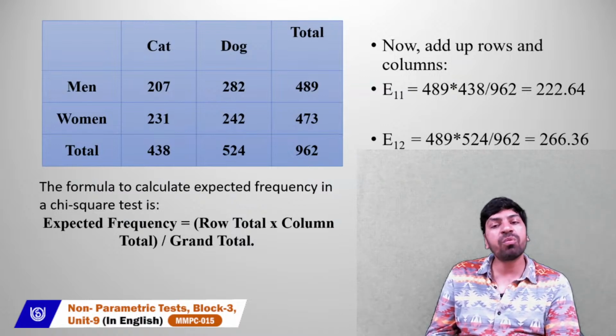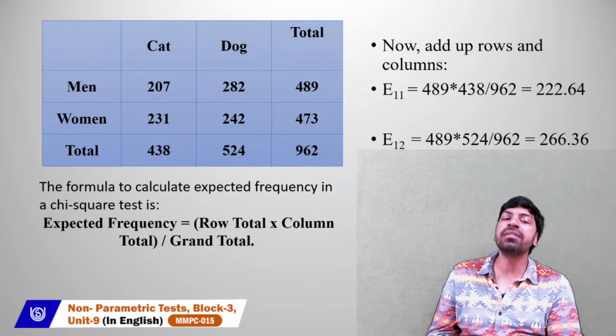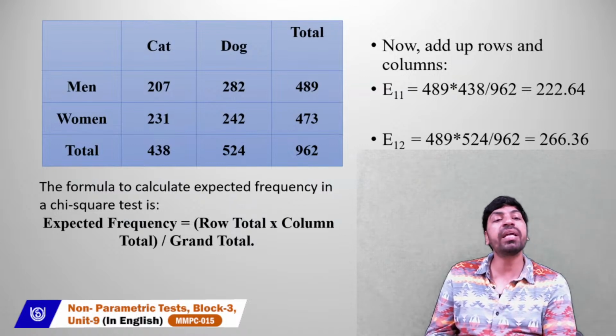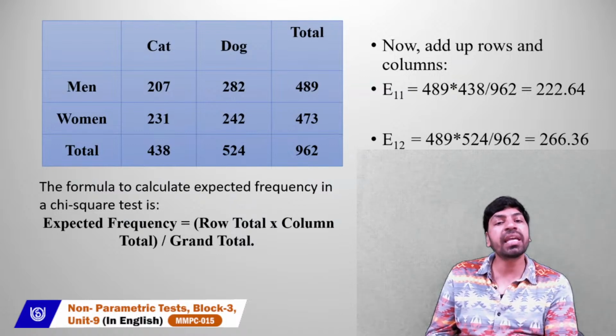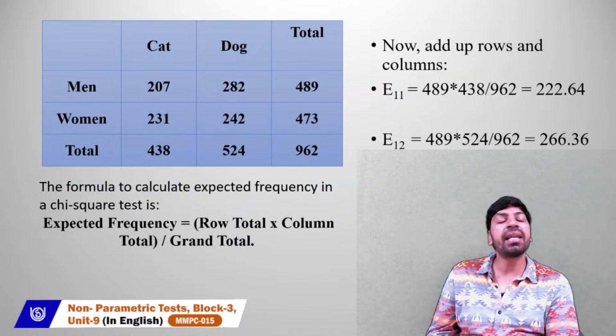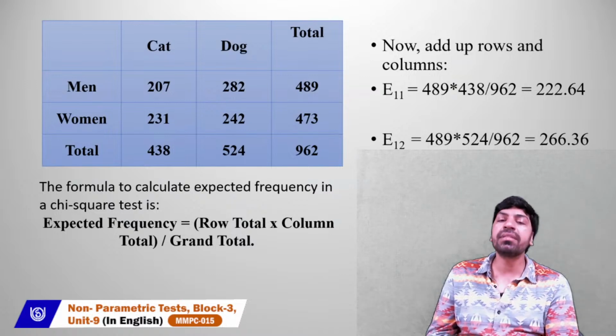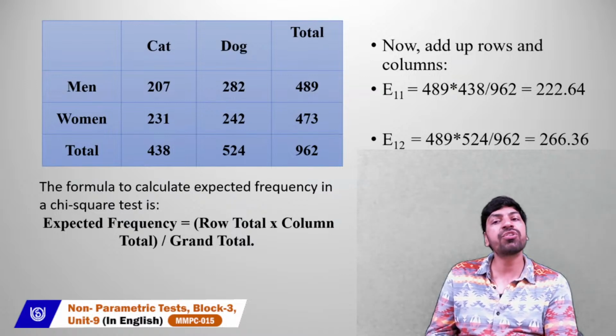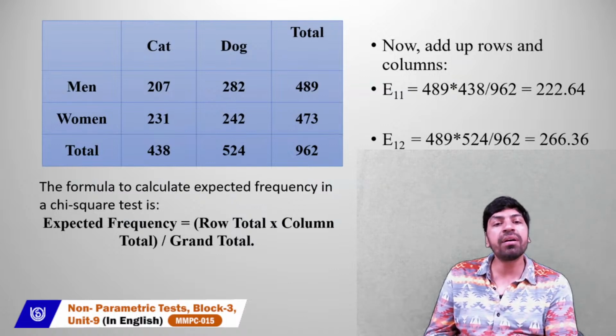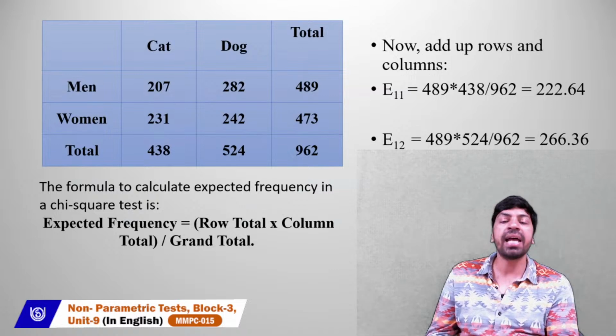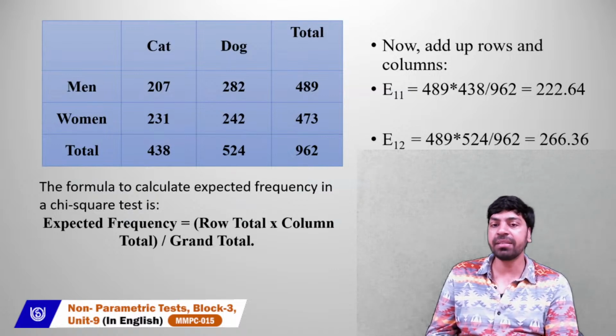Now we need to calculate the expected frequency of first row and second column. And so on, we also need to calculate the expected frequency of second row, first column, and the expected frequency of second row, second column. For first row and second column, the total of first row is 489 and the total of the second column is 534, and the grand total remains the same, 962.